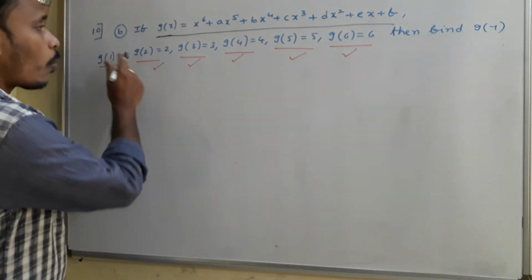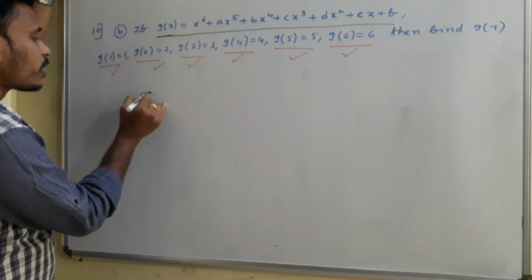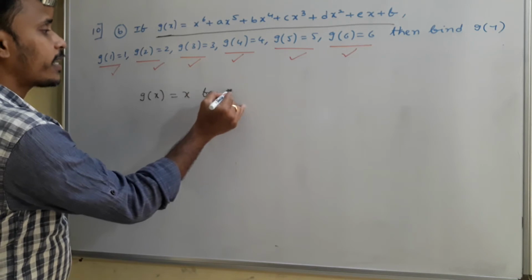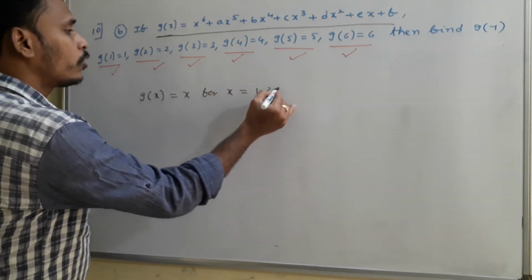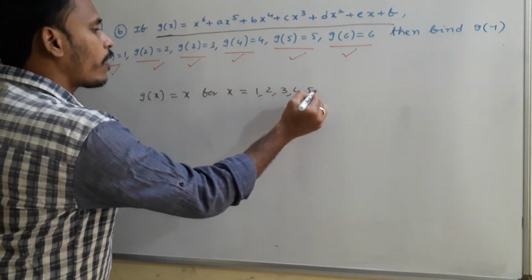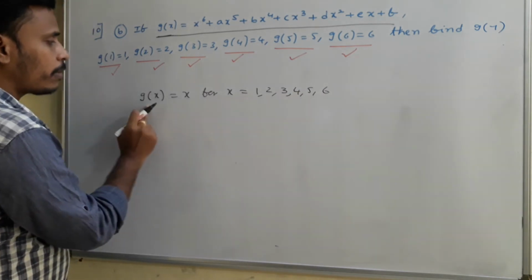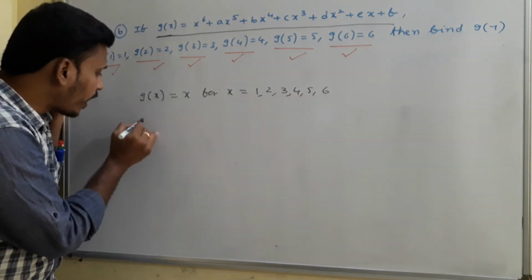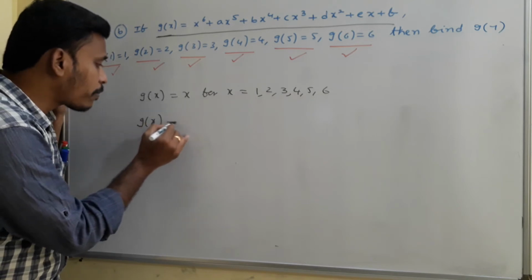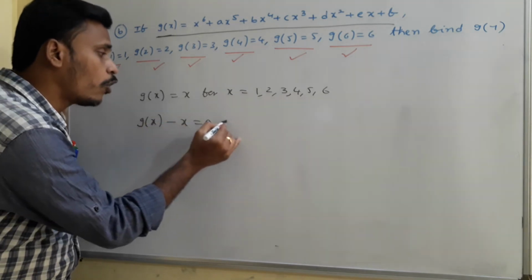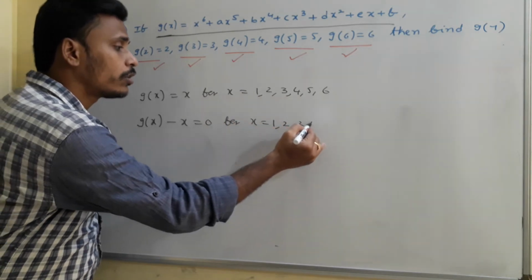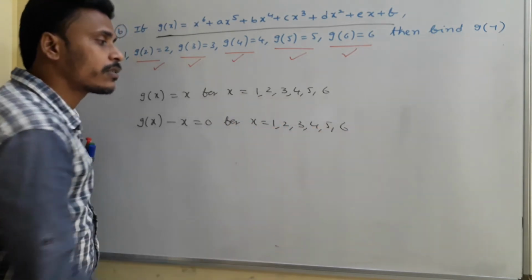So what it concludes is that g of x is equal to x for x is equal to 1, 2, 3, 4, 5, 6. For these 6 numbers, g of x is equal to x. And what I will write is g of x minus x is equal to 0 for x is equal to 1, 2, 3, 4, 5, 6.